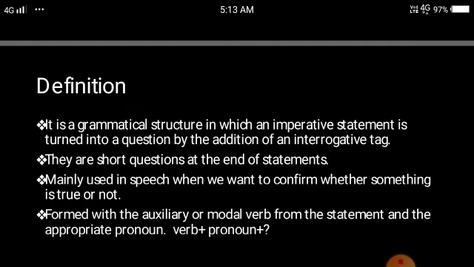Now, to be very simple, I'll give you an example of a question tag. For example, it is very cold today, isn't it? So, isn't it is the question tag. It is very cold today is a statement.